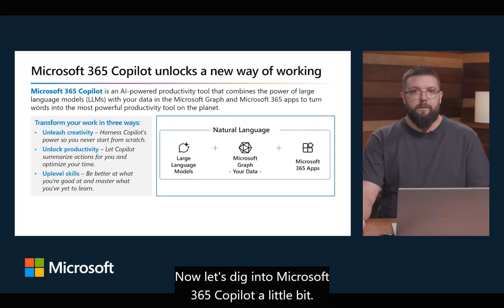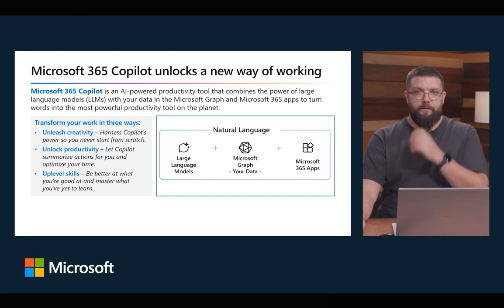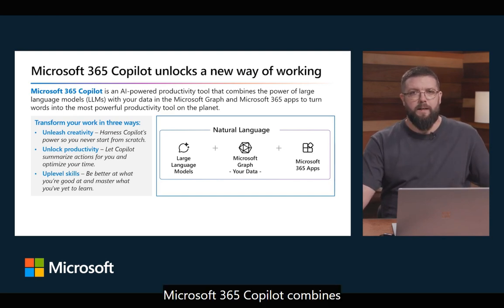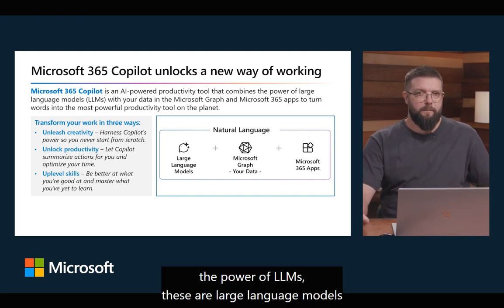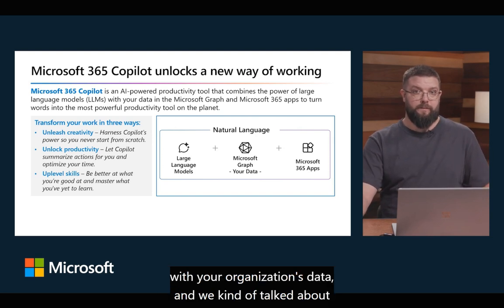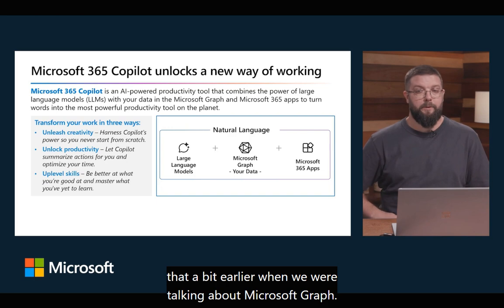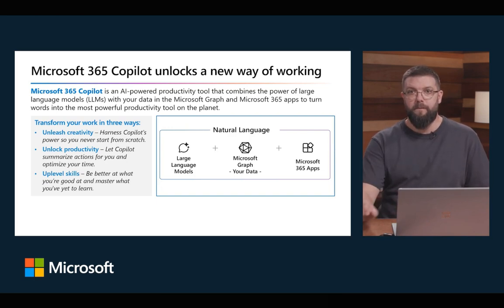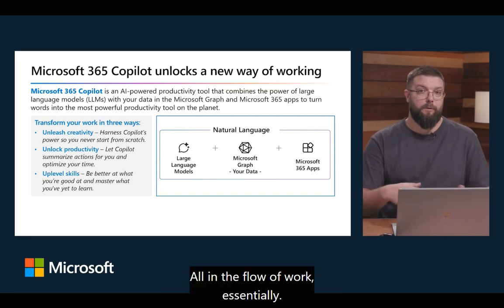Now let's dig into Microsoft 365 Copilot a little bit. So Microsoft 365 Copilot combines the power of LLMs, these are large language models, with your organization's data. And we kind of talked about that a bit earlier when we were talking about Microsoft Graph. So all in the flow of work, essentially.